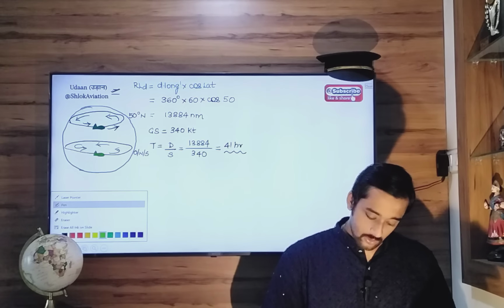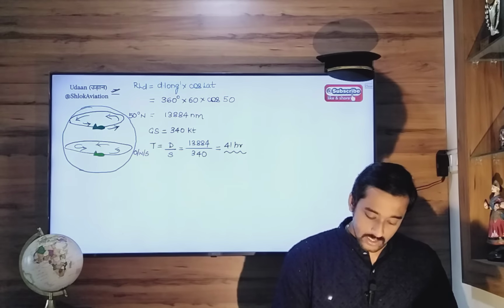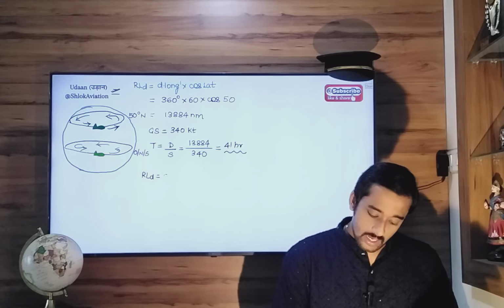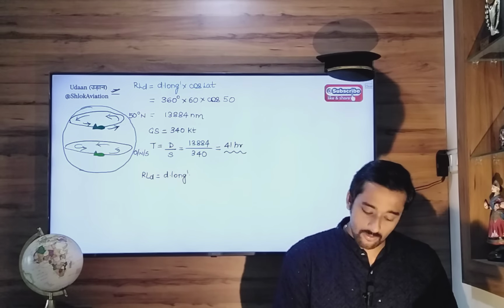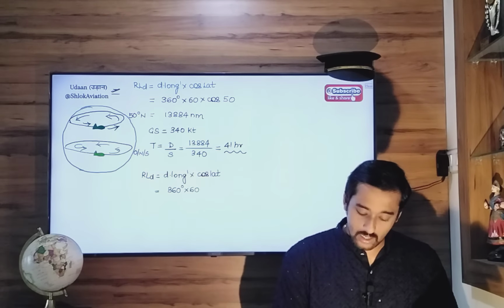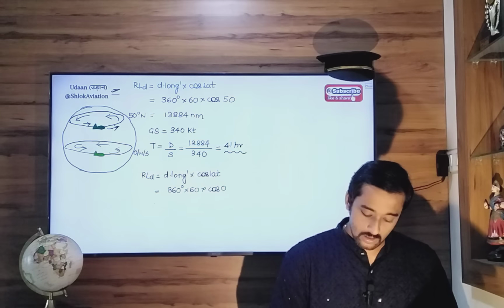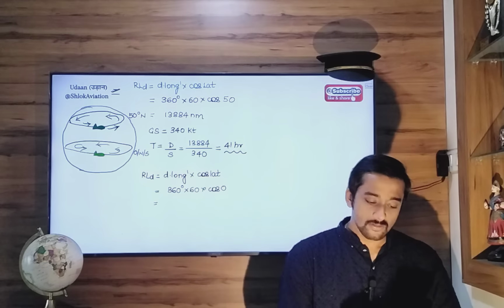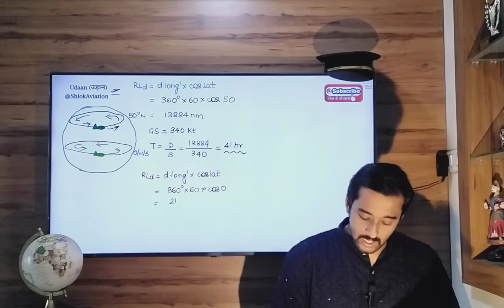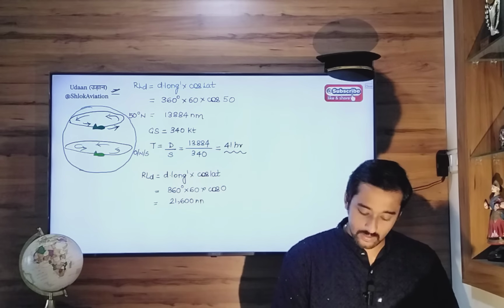So again, you will have to apply rhumb line distance d long in minutes into cos of latitude. So 360° into 60 into cos of 0. 360 into 60 is 21,600 nautical miles.